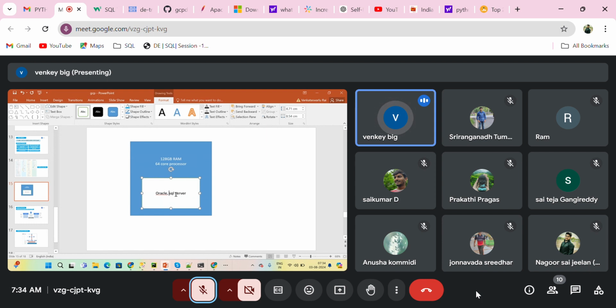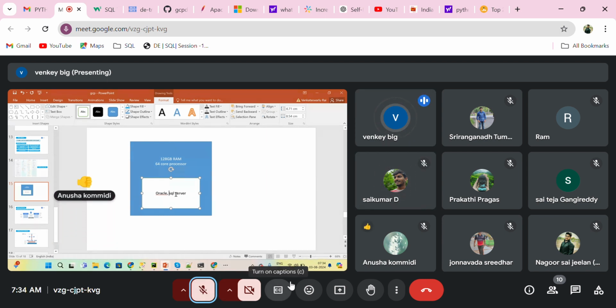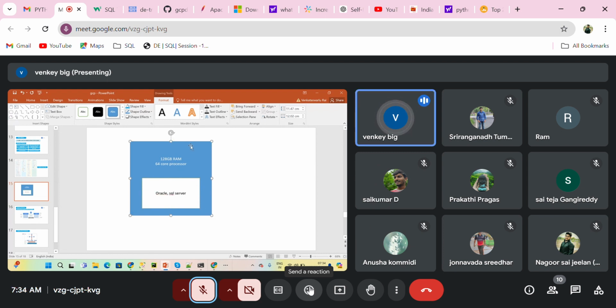Guys, are we clear? Are you able to understand what we are discussing? Yes. In production data warehouse systems, they will take a very big, bulky server, and the admin teams will install and configure the database systems on those servers.